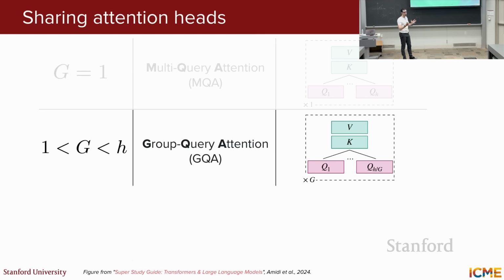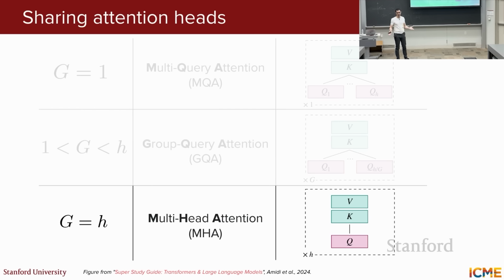You have the in-between case where you share G projection matrices for V and K, where G is the number of groups, and then you have groups of size H over G. This one is called grouped query attention, GQA. And then you have the case that you are very familiar with from the transformer, where every head has its own query projection, key projection, and value projection matrices. This is the standard multi-head attention.